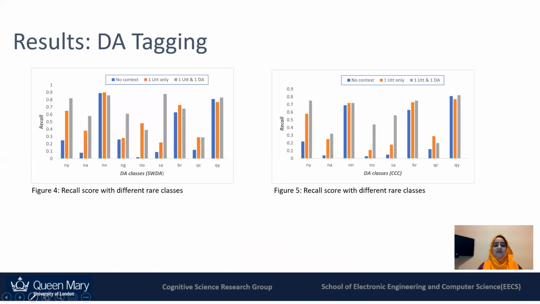Here we try to capture the effect of contextual information on some of the classes of our rare dialogue act tag set. So you can see here the recall scores when we are using no context are around 0.2 or 0.24, and when we are adding one utterance, it increases, and it further increases by around 80% when we are using one utterance and one dialogue act tag.